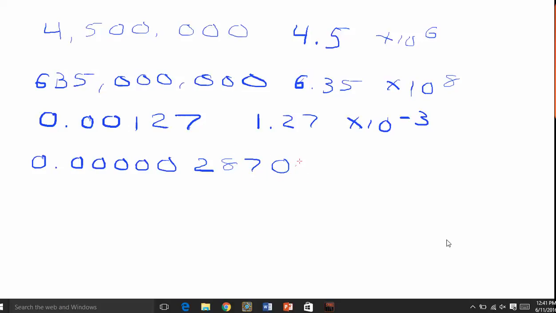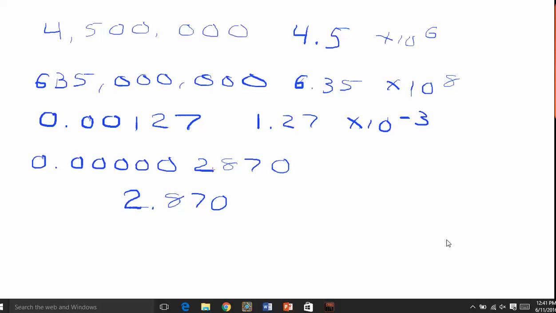So one thing that's true about scientific notation is the numbers in this part are your significant digits. So in this case, I should write it like this, 2.870, and I'm keeping that 0 because that is a significant digit, and I wouldn't want to drop it. Otherwise, I'd be losing a significant figure from my number. But there'll be another video about significant figures if you need some help with that.